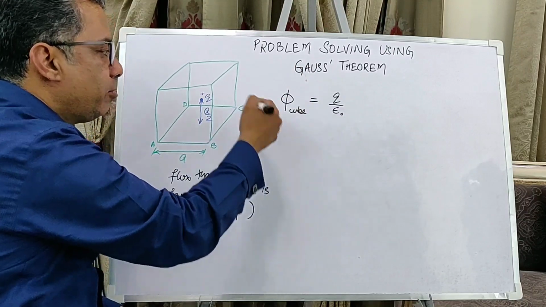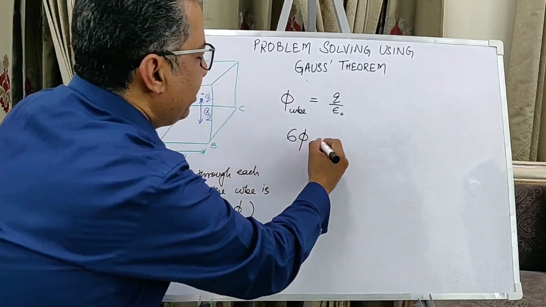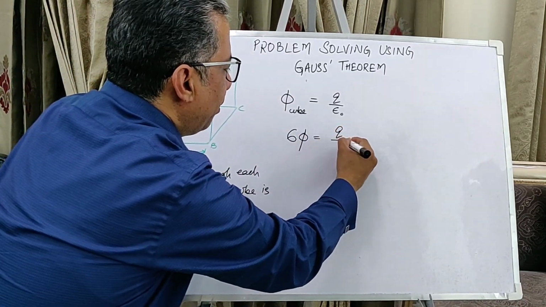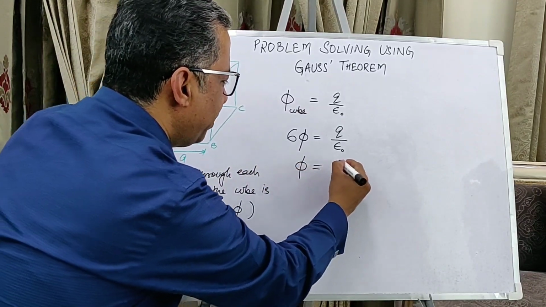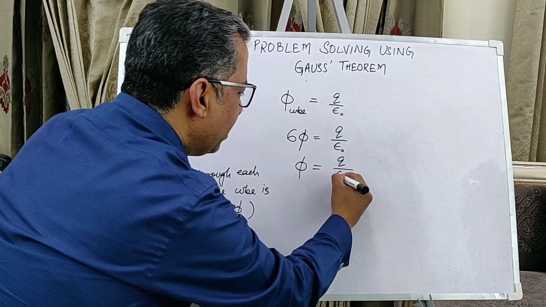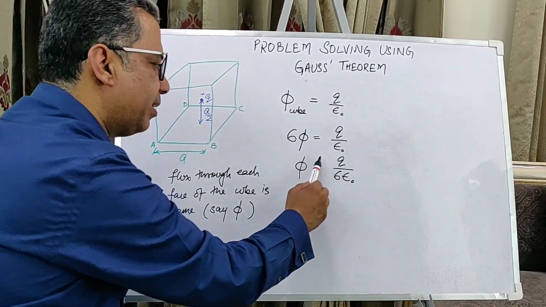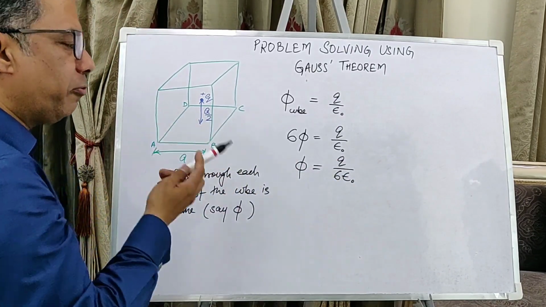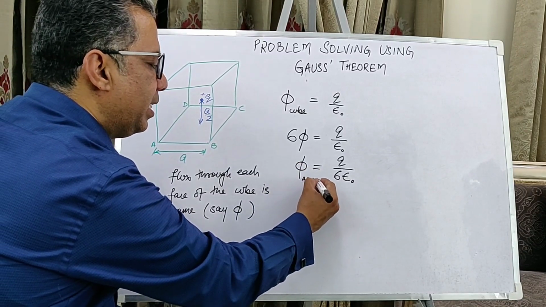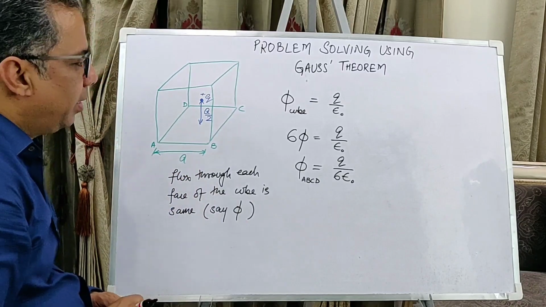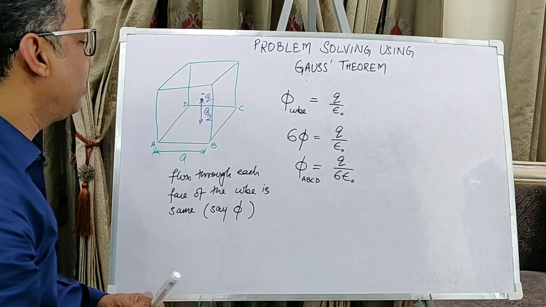And therefore the total flux through the entire cube will be 6 times phi, and this will be equal to Q by epsilon naught. Phi therefore comes out to be Q divided by 6 epsilon naught, and that's the flux through any one face, and ABCD being one of those faces, this is also the flux through the face ABCD of this cube. So a very elementary problem to just warm us up with.